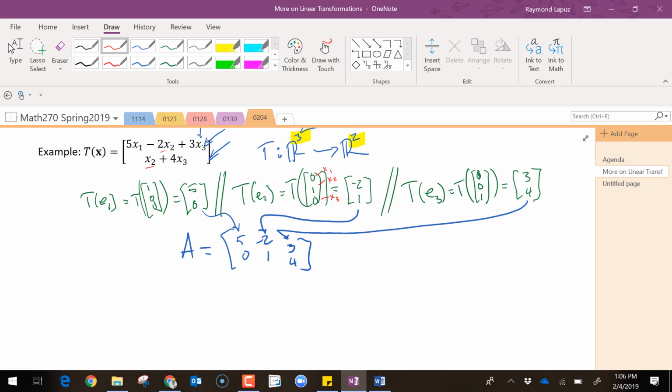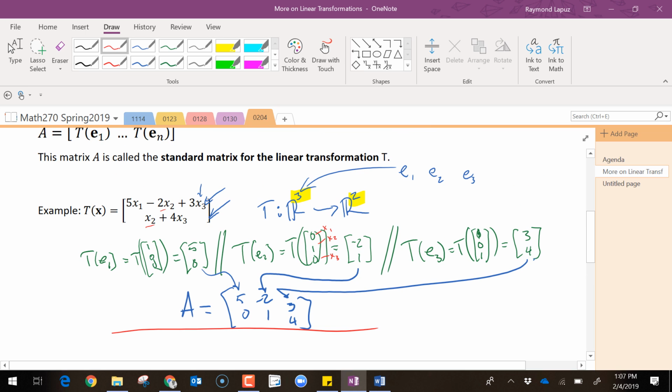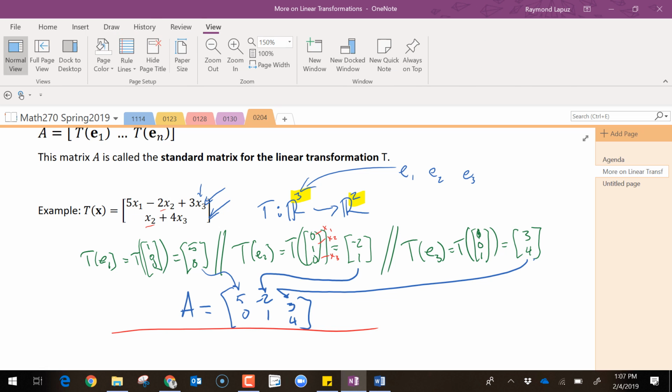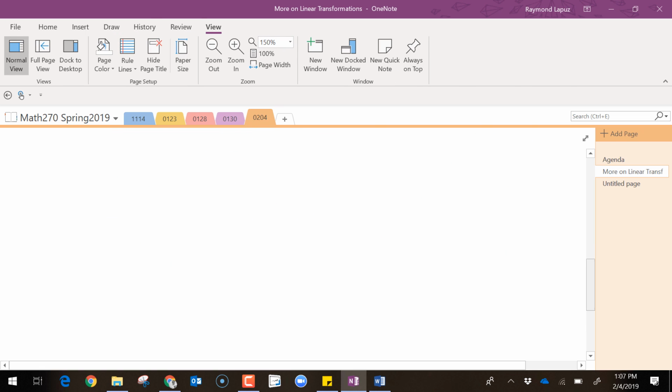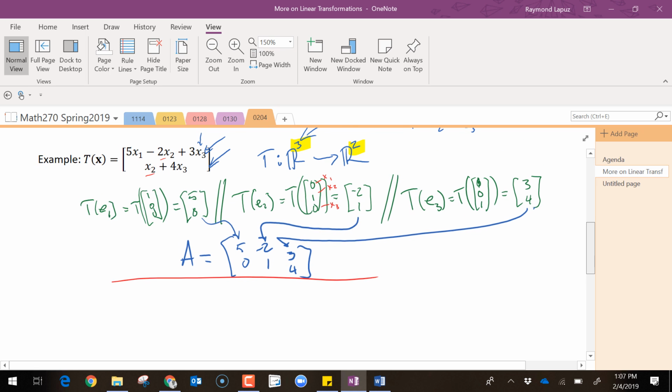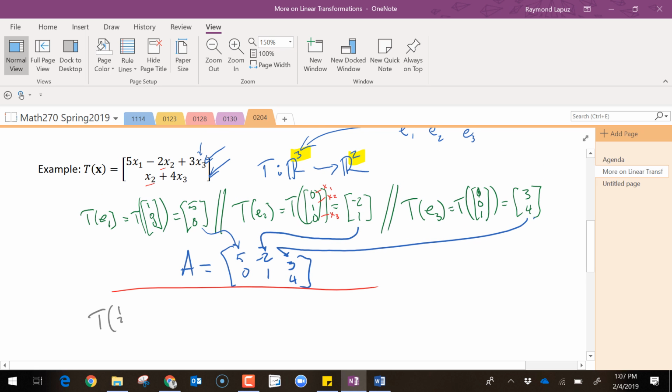Okay? Yes? So now I can use this matrix. If we want to figure out what T of 1, 2, 3 is equal to, instead of going through the definition of the transformation, I'll just say that's the same thing as A of 1, 2, 3.